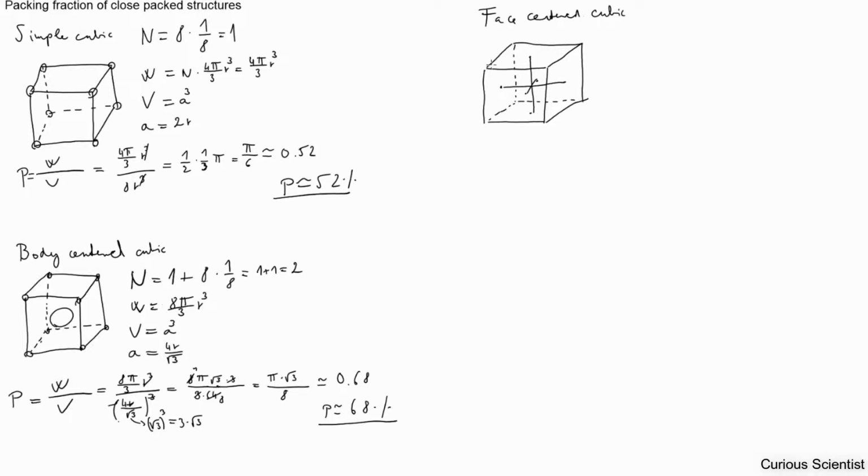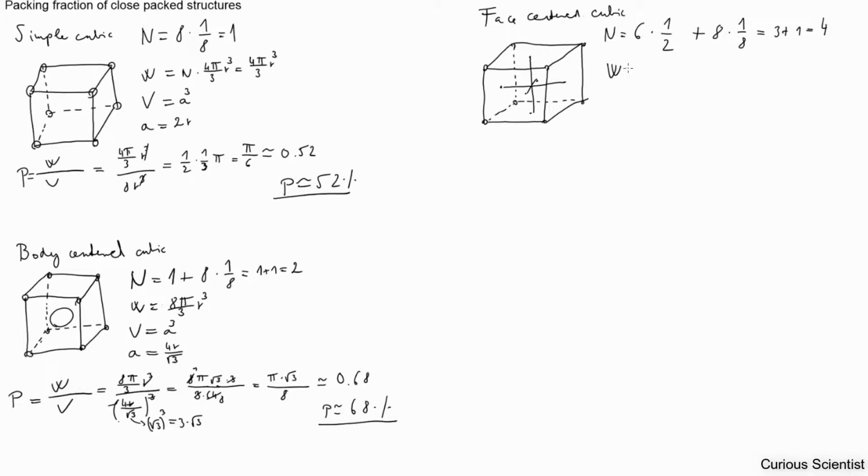And then we have the 8 corners, right? 1, 2, 3, 4, 5, 6, 7, 8. So, the number of atoms first. We have 6 faces, and each face gives us half an atom to the unit cell. Then we have 8 corners, and they give 1/8 each. So this will be 3 plus 1. Very simple. It is 4. N equals 4.